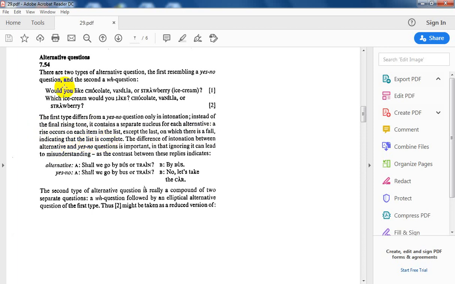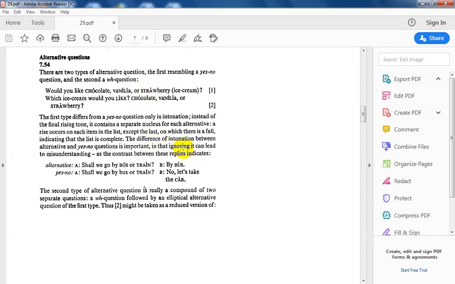If we read this example, would you like chocolate, vanilla, or strawberry? You see there is a rising tone on each one, only the last one contains a falling tone, to indicate that the list is complete.